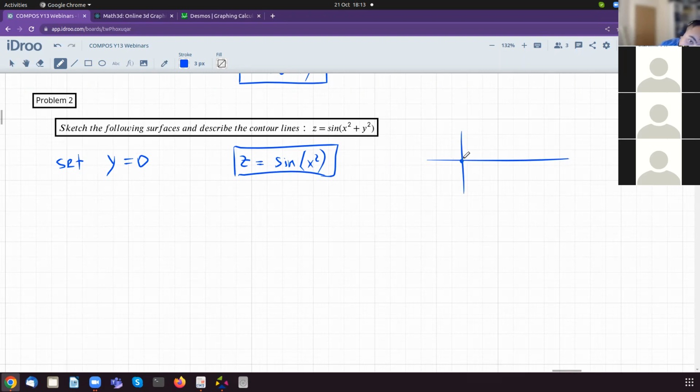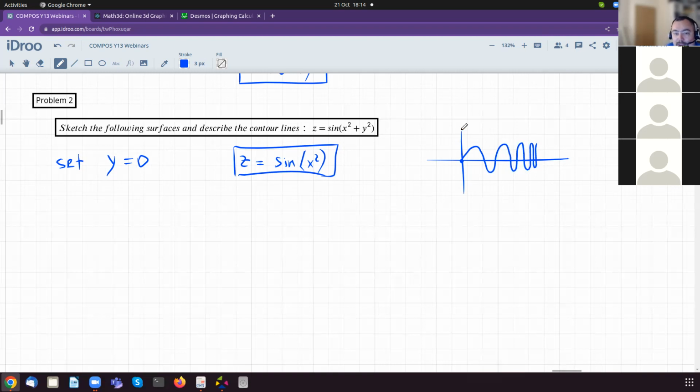It should be pretty much like sine x. So what's happening is this number increases faster than x. That means that the period will decrease.